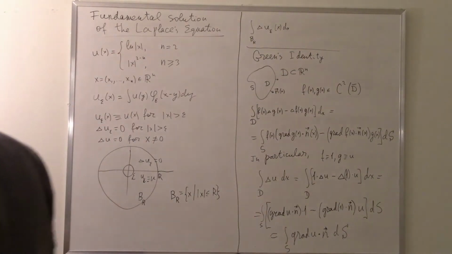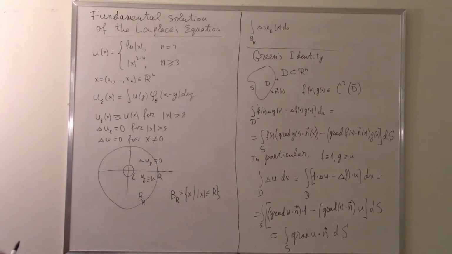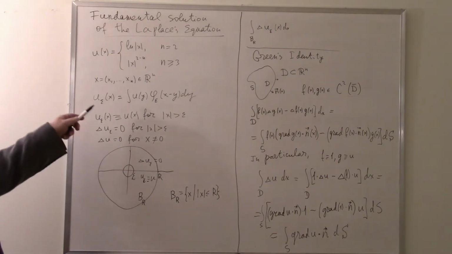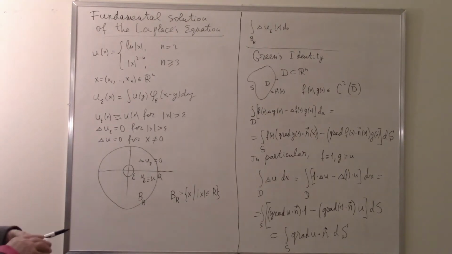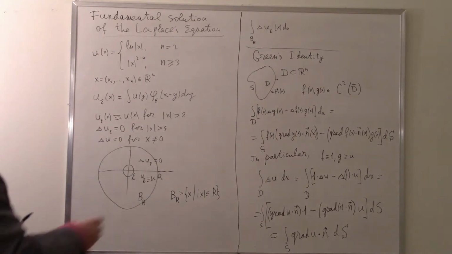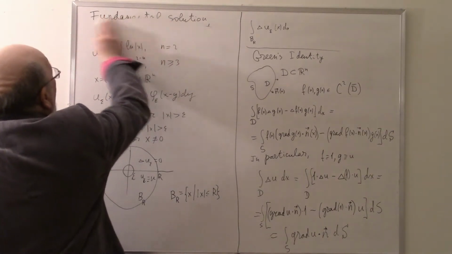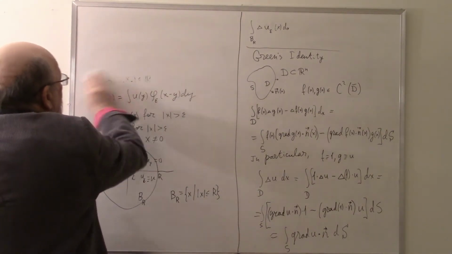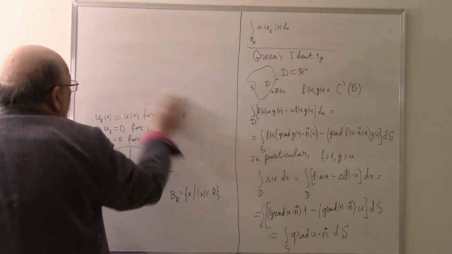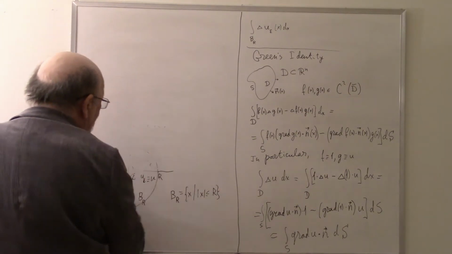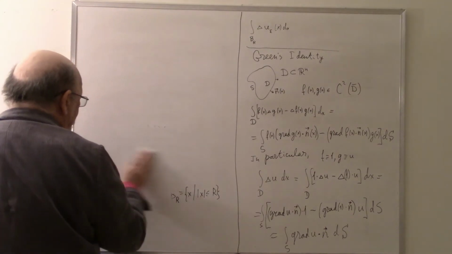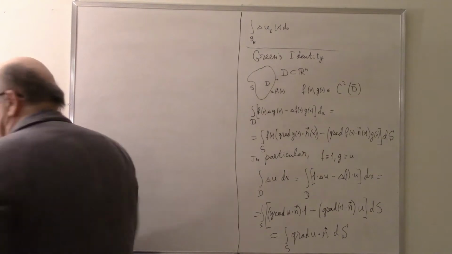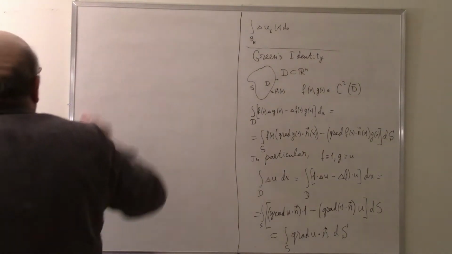This is especially favorable in this case because we have a ball and a radial function; u epsilon is a radial function. So now let us perform these calculations. Let's start from n equals 2.